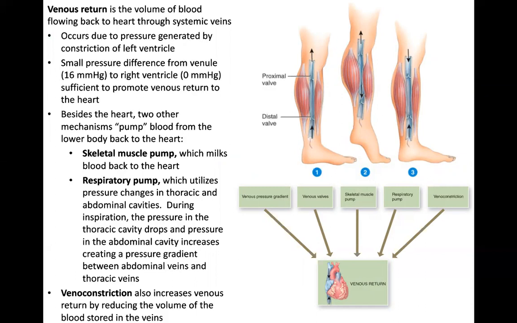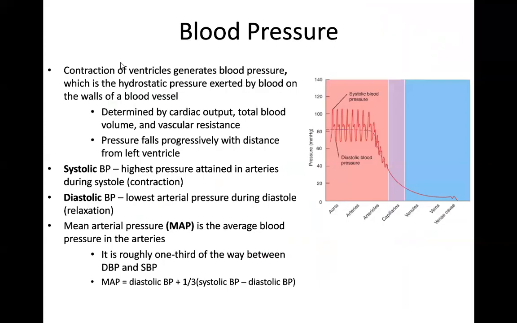And it's exactly what it sounds like. The volume of blood that's flowing back to our heart by way of our veins. In other words, the return of blood to our heart, which occurs due to pressure generated by contracting our left ventricle, which establishes that gradient.